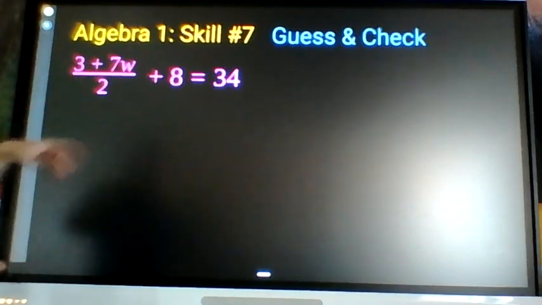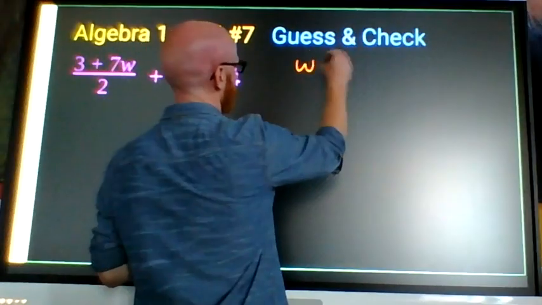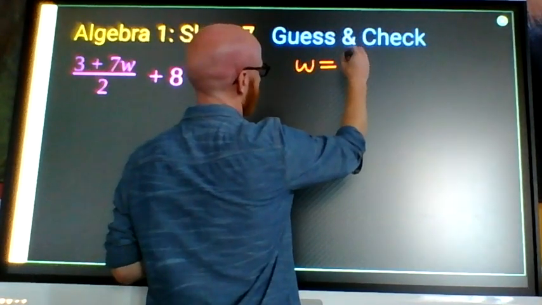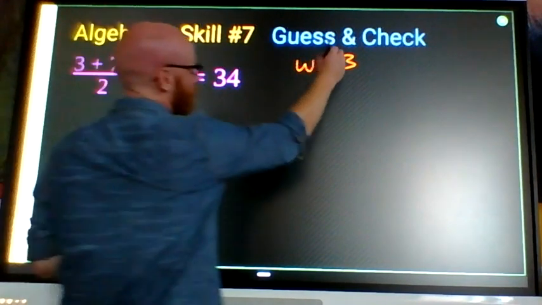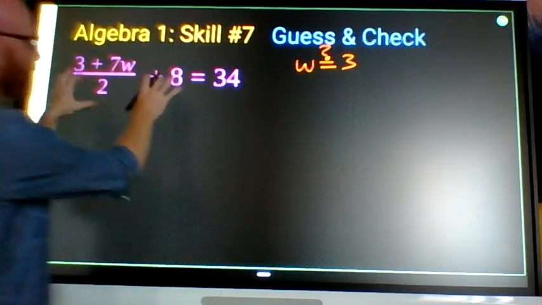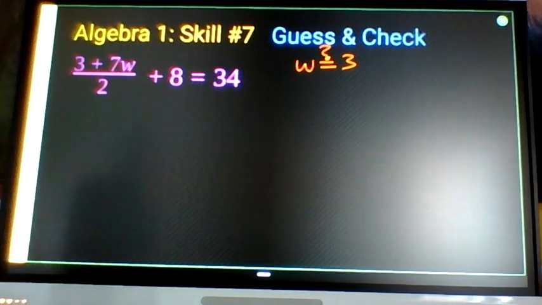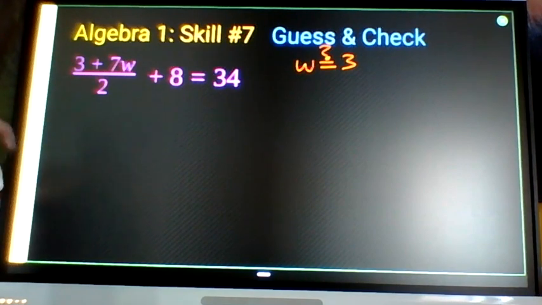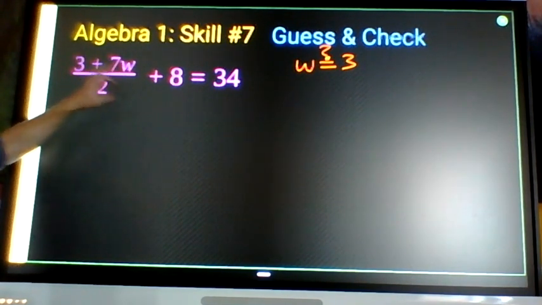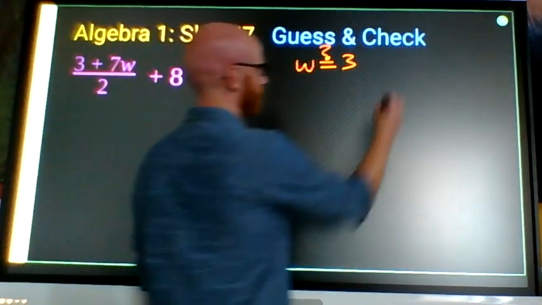Right? So maybe I would say, what if W is 3? Will it make this equal 34? All right, and we've got 7 times 3, 21, plus 3, 24, divided by 2, 12, plus 8, 20, does not equal 34.